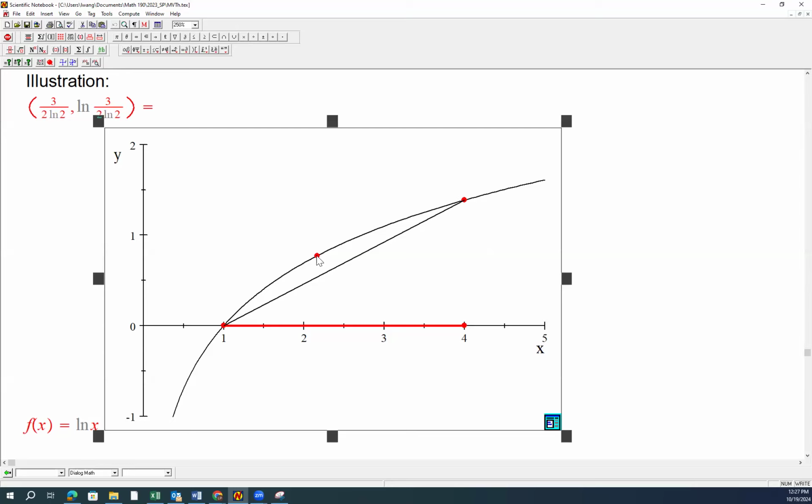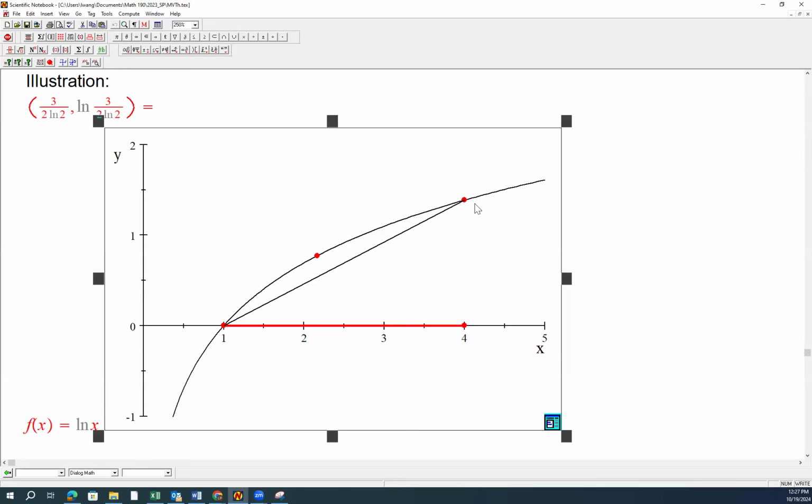What the theorem says is that the derivative of the function at this point is the slope of the tangent line. So this tangent line passing through this red dot in the middle is parallel to this secant line connecting (1, 0) and (4, 2 ln 2).